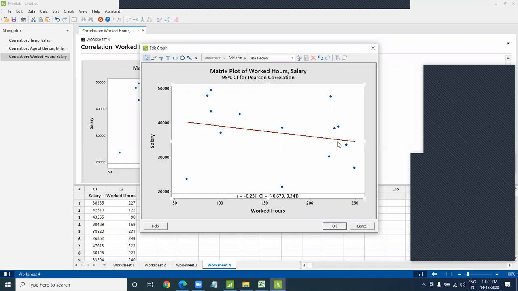A lot of studies have been done. Somebody wants to estimate, will the driving speed be correlated with the number of accidents that are happening? Or the number of hours I study before the exam and the marks that I score in the exam. There are different kinds of studies people do, just to understand if there is a correlation between them, and if there is a relationship, what kind of relationship.